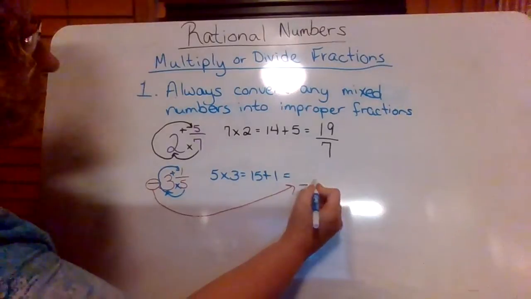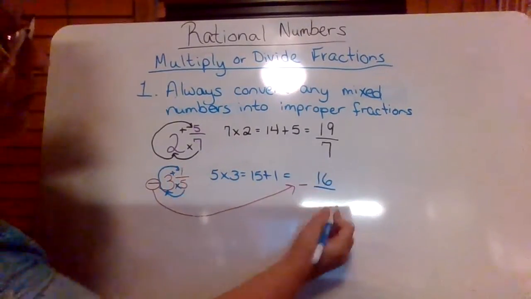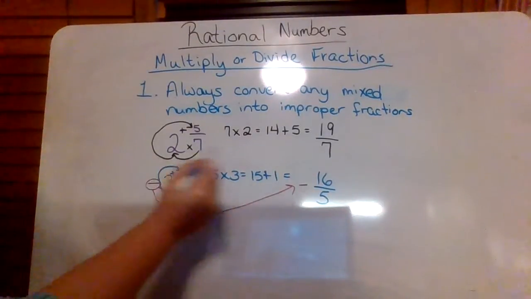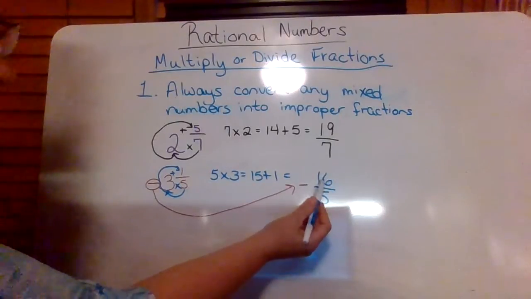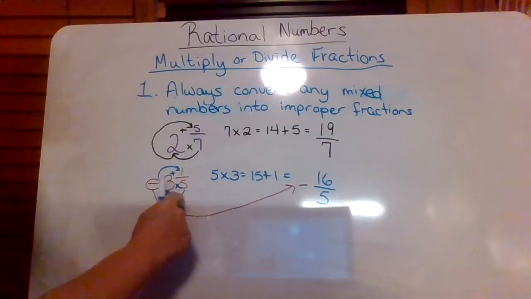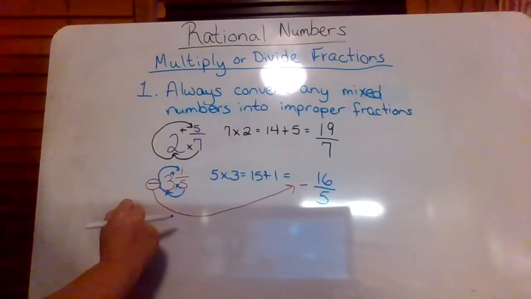So that gives me 16. And then it's going to sit right back on that 5. So here again, we started with the 5. We end with the 5. So it's a -16 over 5. So -3 and 1/5 is the same thing as -16 over 5. Okay?